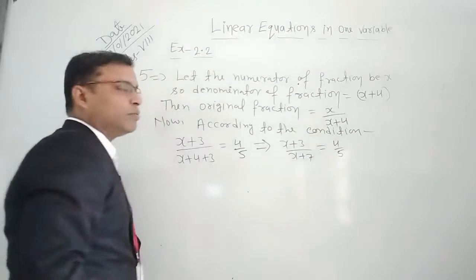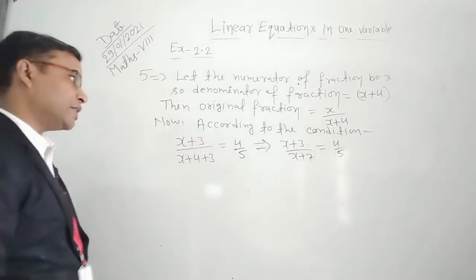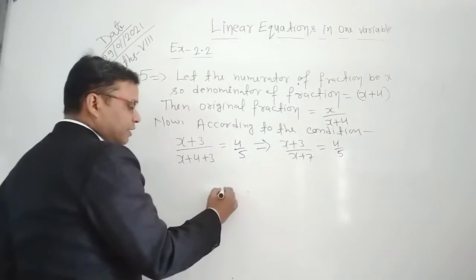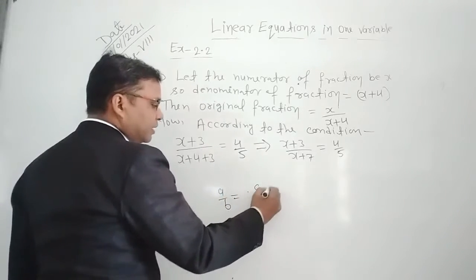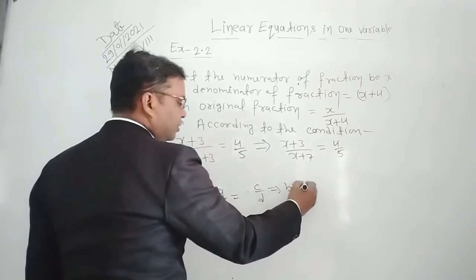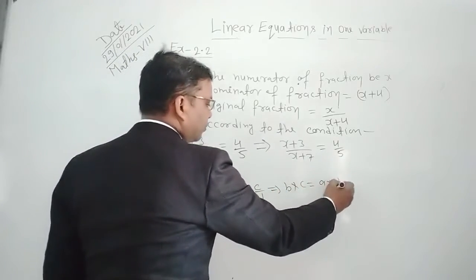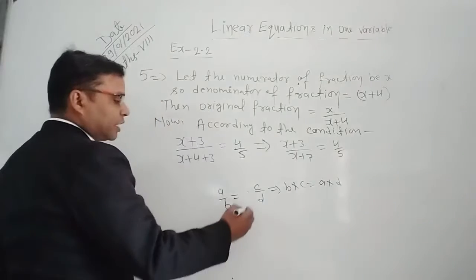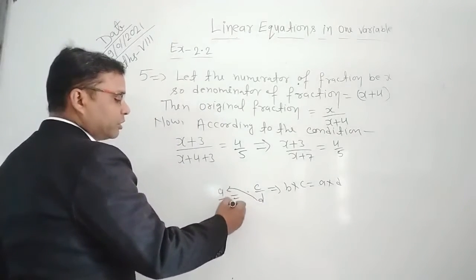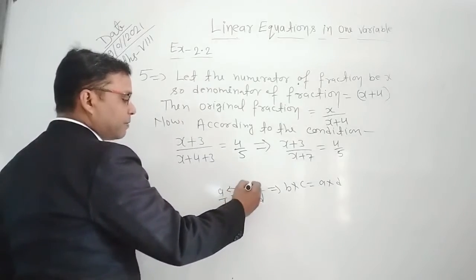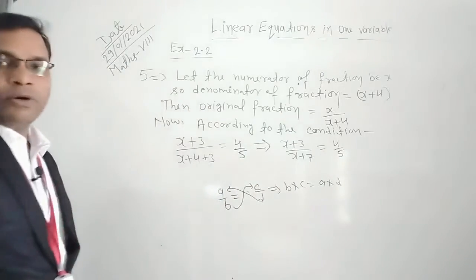And students, I hope all of you know the cross multiplication method. Like this, a by b is equal to c by d, you can write it as b into c is equal to a into d. This is called cross multiplication. It means this denominator multiplies this numerator and this denominator multiplies this numerator.